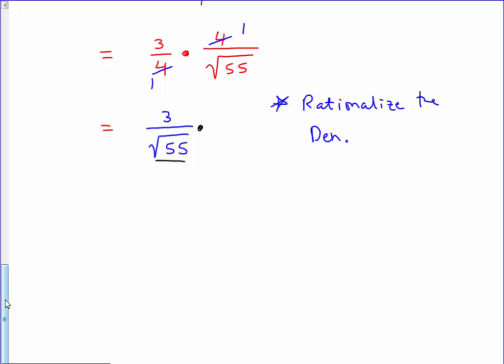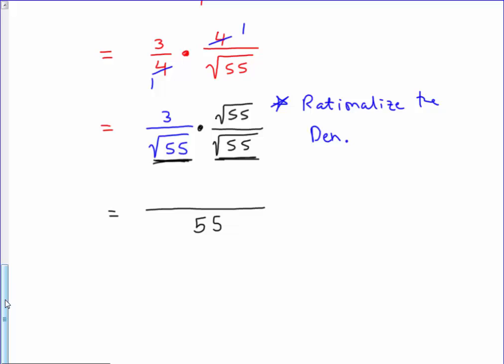To rationalize the denominator means get rid of the root that you have on the bottom of your denominator. If you multiply by that exact same root, then by definition of roots, if you multiply the same root by the exact same root, and you're dealing with square roots, then you're getting only the number that's underneath.